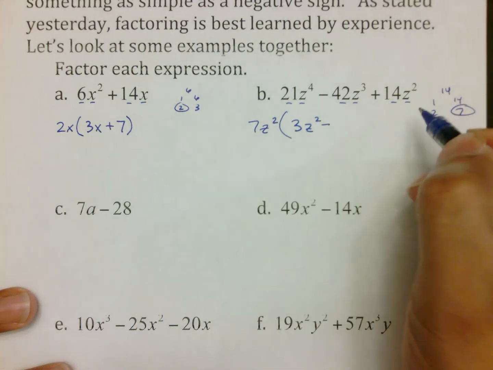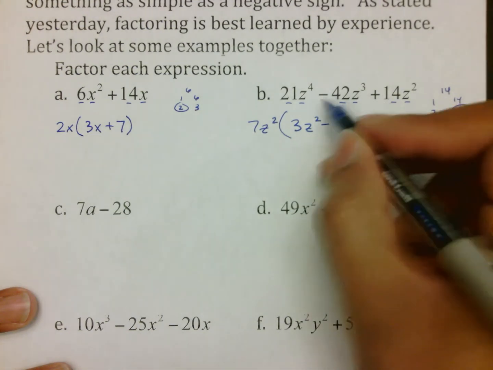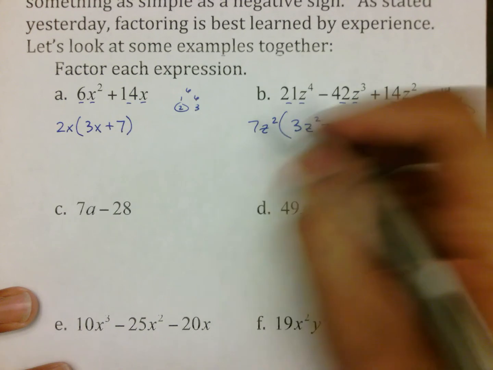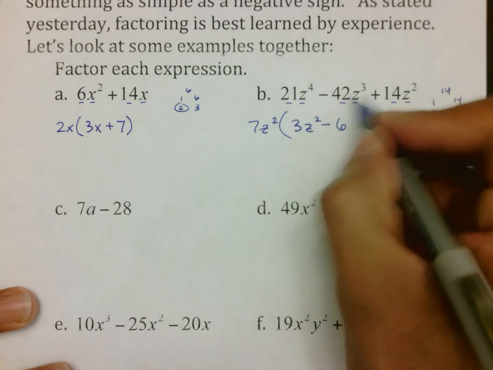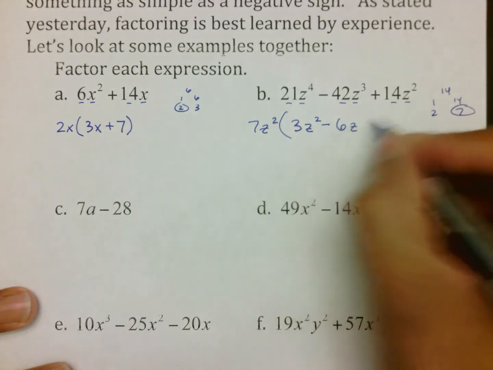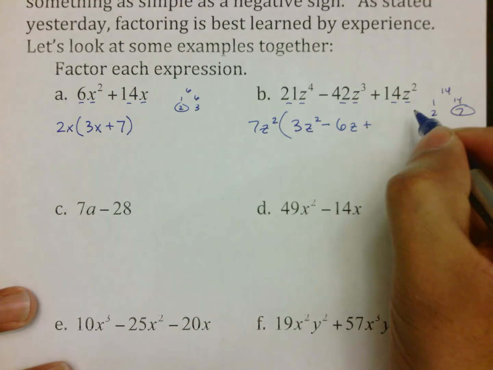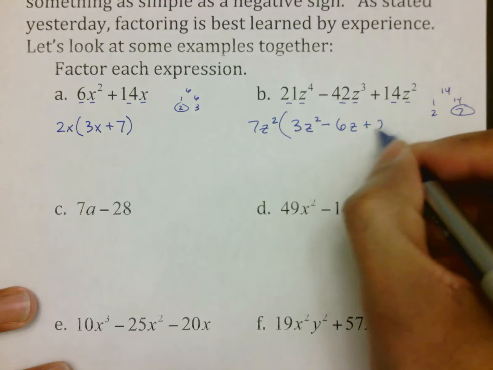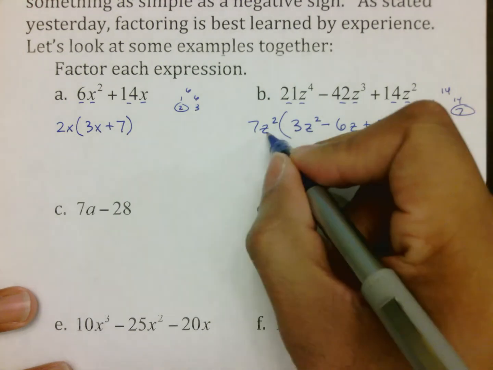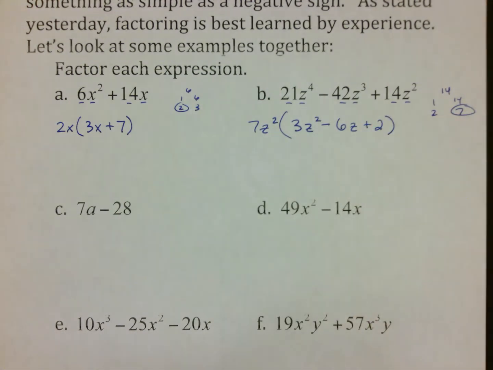Minus sign comes down. Alright, that's why we don't underline the signs because they stay the same. 42 divided by 7 is 6. I have 3 z's, I took 2 off, I have 1. Plus comes down. 14 divided by 7 is 2. I have 2 z's, I took 2 z's off, which means that all my z's there are gone.